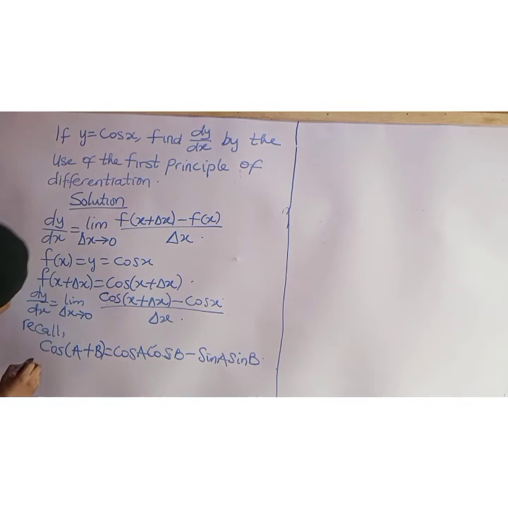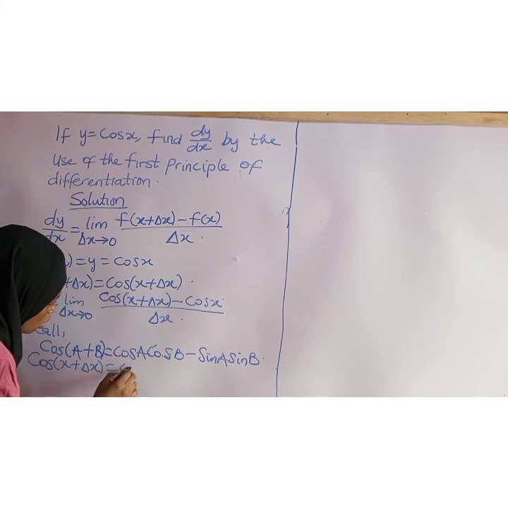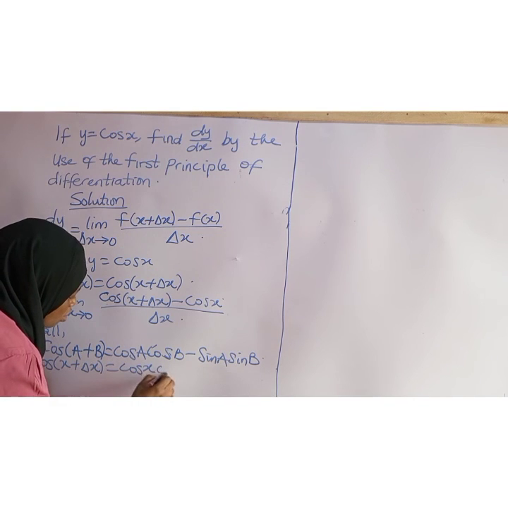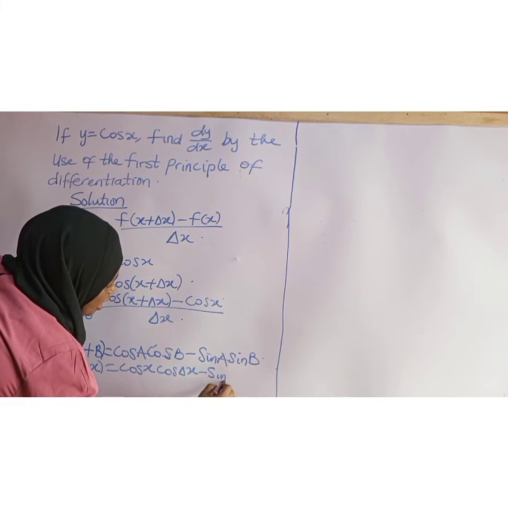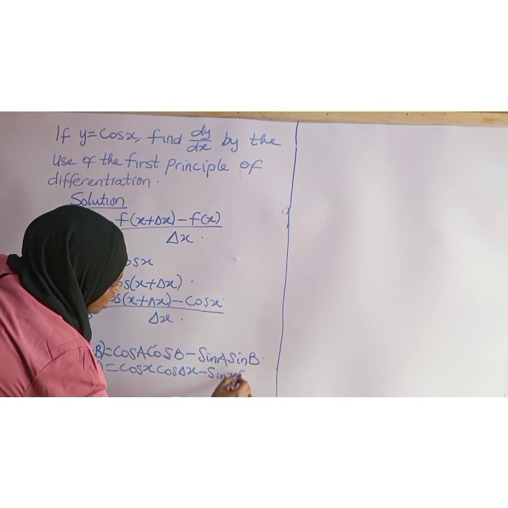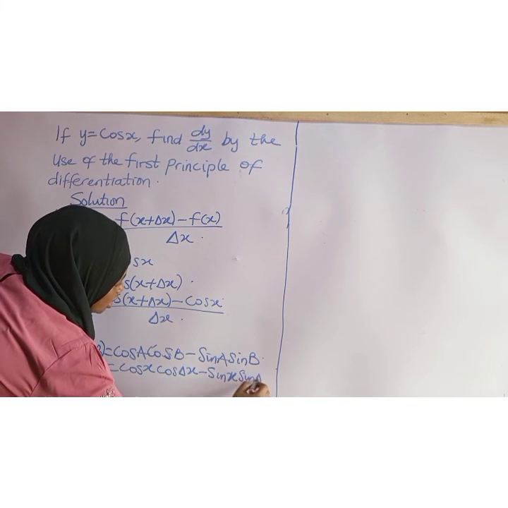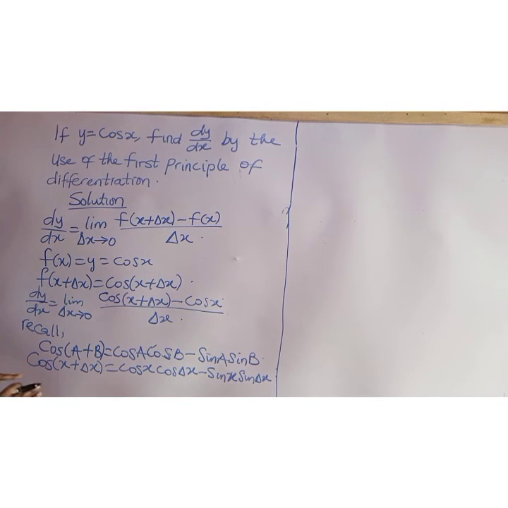So it's the same thing as cos of x plus change in x, which is equal to cos x cos change in x minus sine x sine change in x. So we're going to substitute that inside this formula.